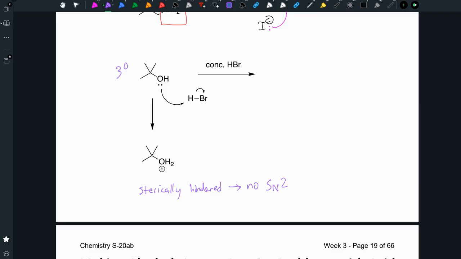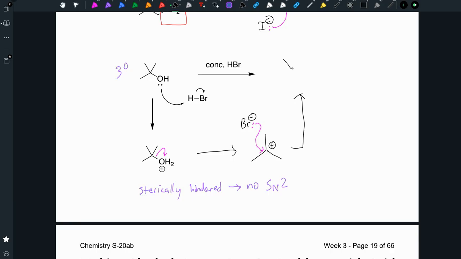So when I protonate a tertiary alcohol, really I need to wait for my leaving group to leave so that I can have a carbocation, and now my bromide ion can act as a nucleophile and come attack the carbocation.